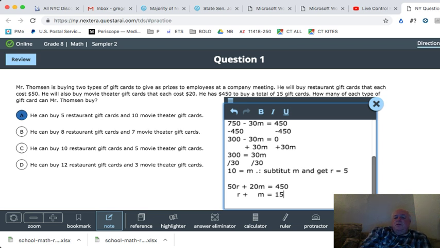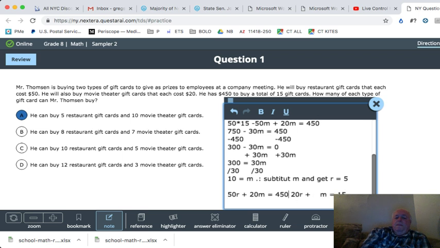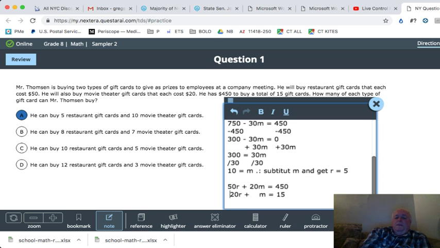If I multiply the second line by 20, the whole thing, the left side by 20 and the right side by 20, I'm going to get 20R, multiply M by 20, I'm going to get 20M, and 15 times 20 is going to give me 300.